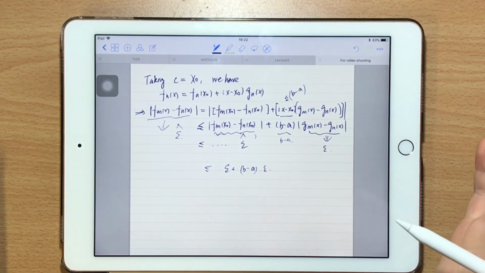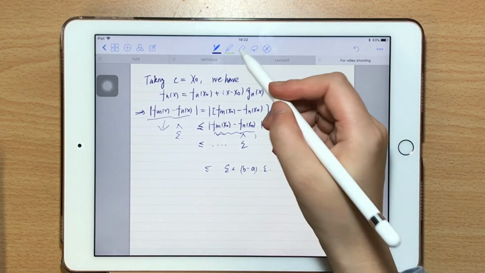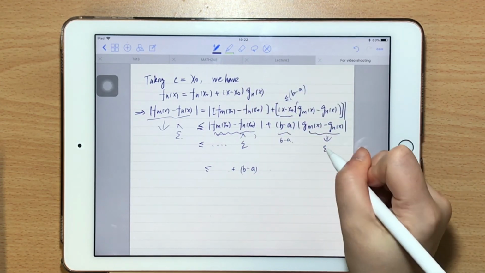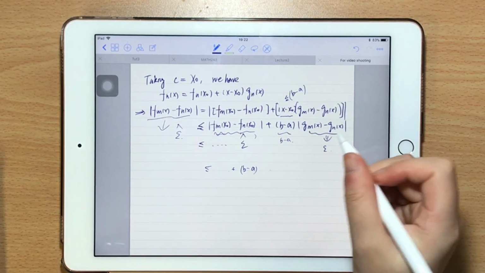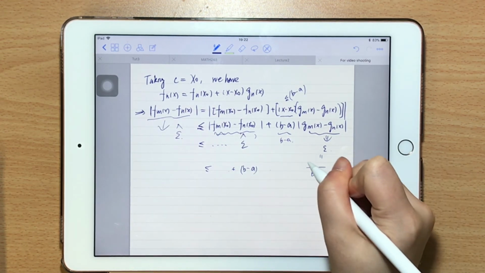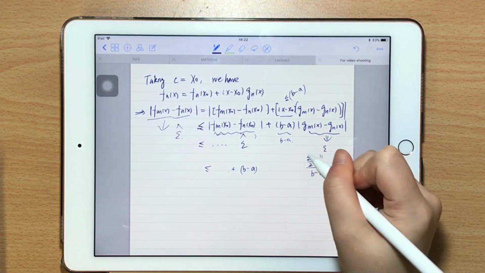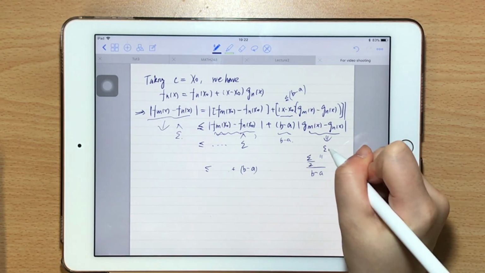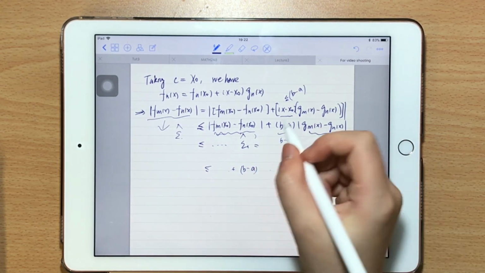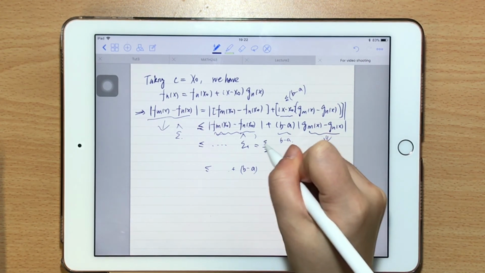We want to make it look more like the way we define uniform continuity. We can take this epsilon to be a half of epsilon over b minus a. Say this is epsilon 2 and this is epsilon 1, and this epsilon becomes a half of epsilon.